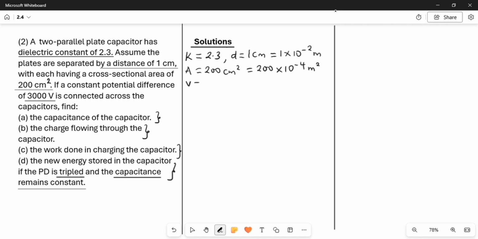V is 3000 volts. And of course, permittivity of free space is 8.85 times 10 to the power negative 12.